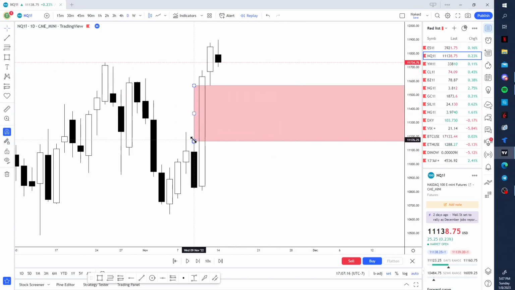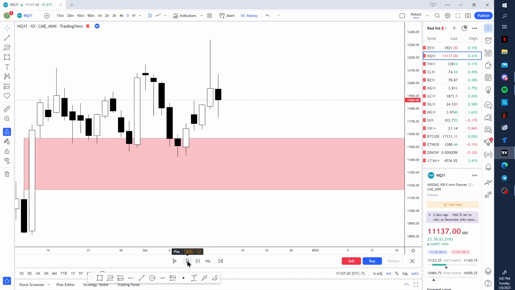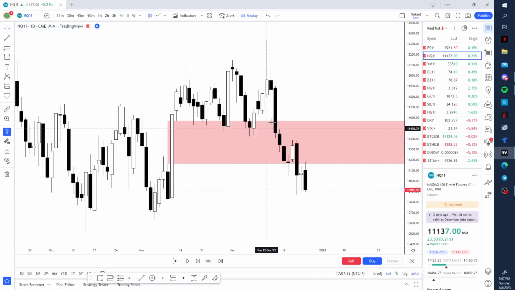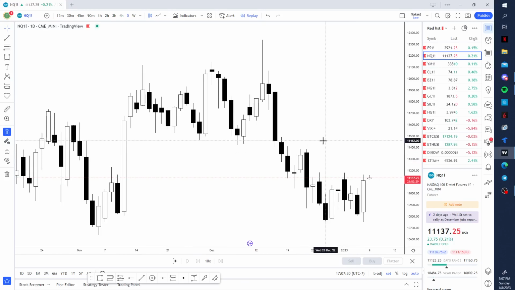And so once you create one, the market's going to want to refill it before it makes another move. So this is where it refills, and now the price here is no longer out of balance. But as price fills in the imbalance on one side, it'll create others on another side.